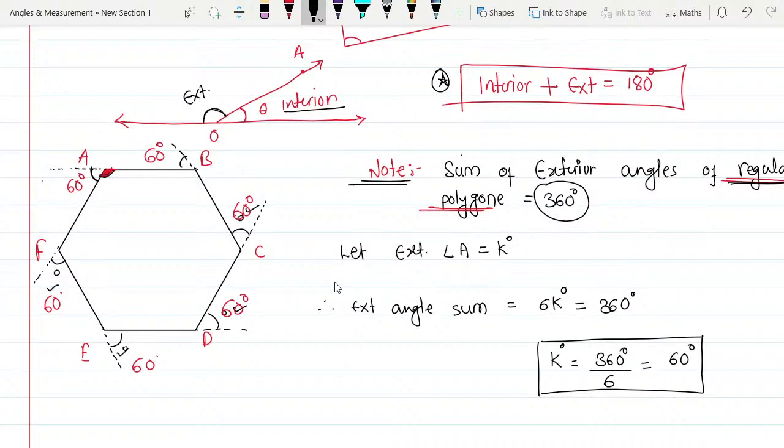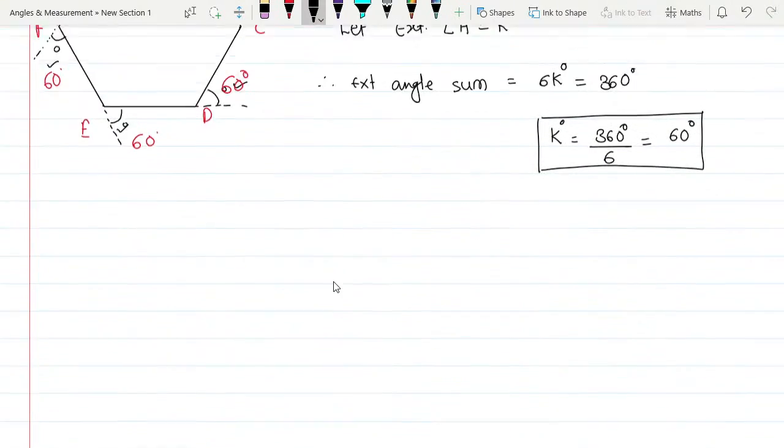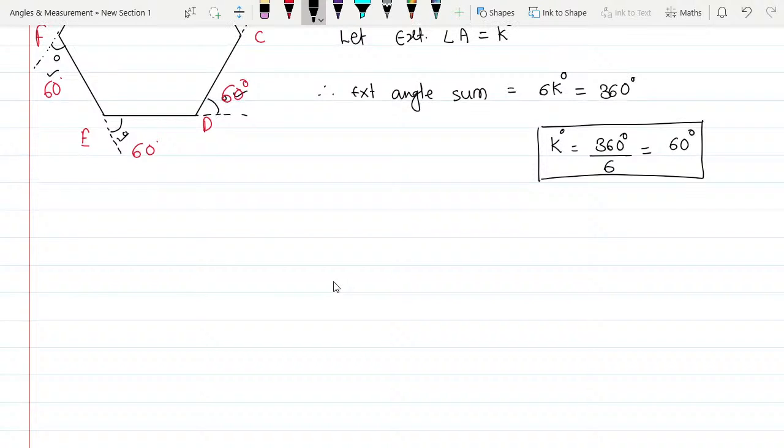If 60 degrees is the exterior angle, then what will be the interior angle? I am waiting for the answers. Please answer this, everyone: Swapnil, Nikita, Shalaka, Vaidehi.